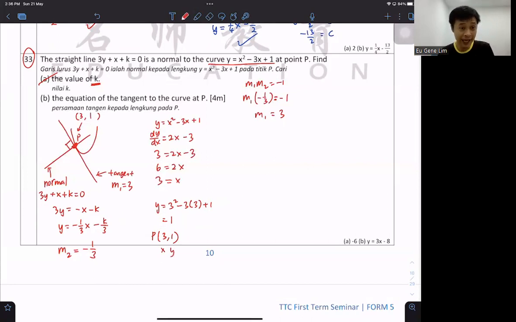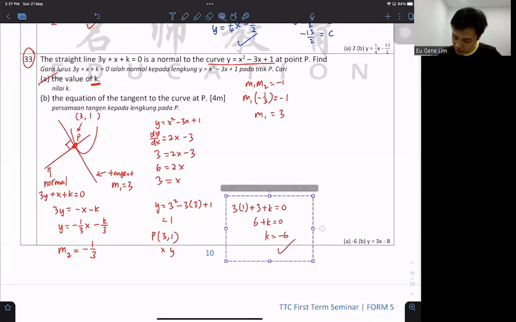So you just sub the x and y into the equation of normal. I write here: y is 1, plus x is 3, plus K equals 0. Like this. So 4 plus K equals 0, K equals negative 4. Understand?